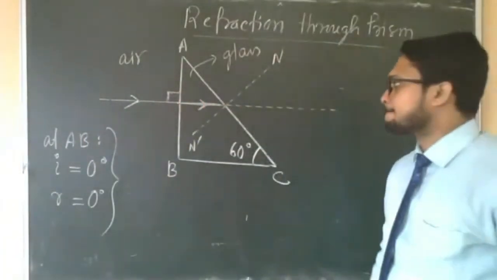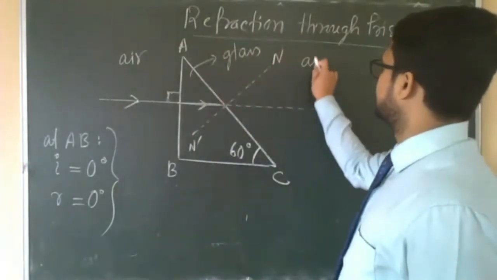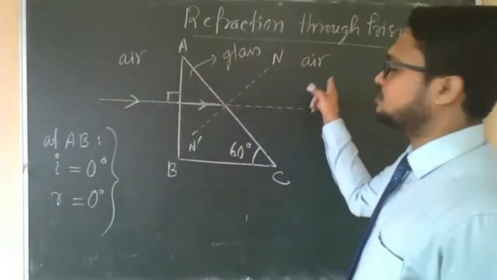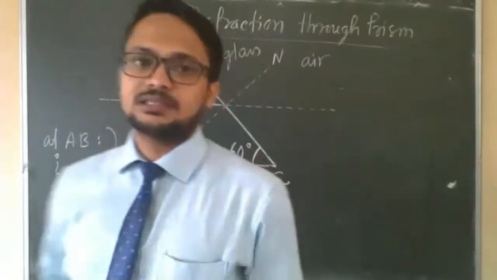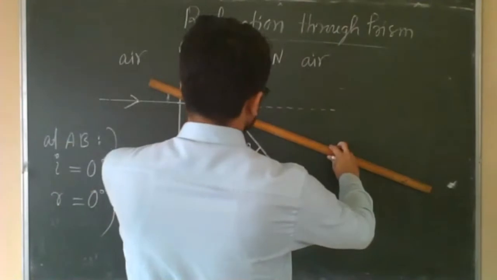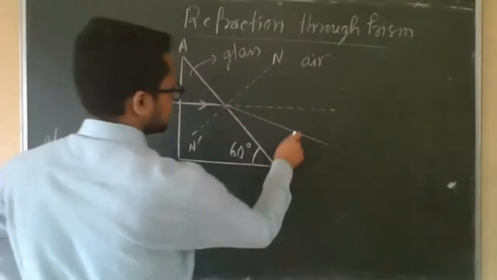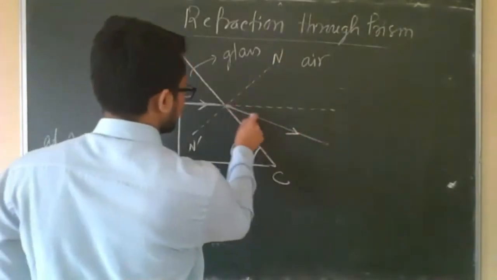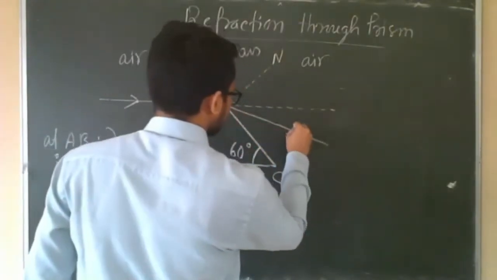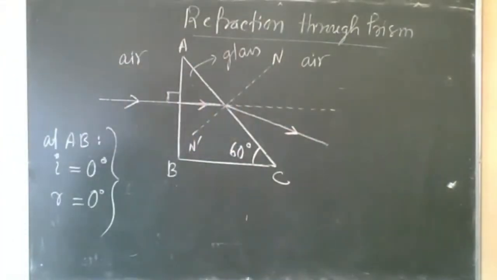Now it is going from glass to air. Denser to rarer means away from the normal. Away from the normal means in this direction. Okay, clear?